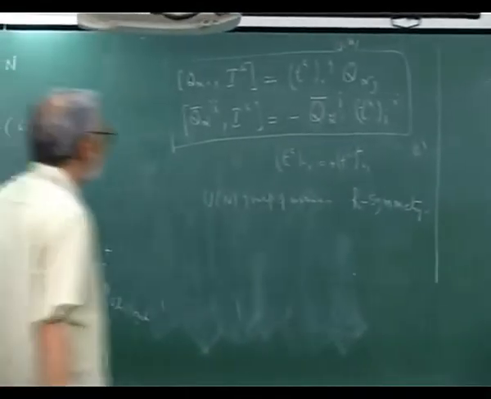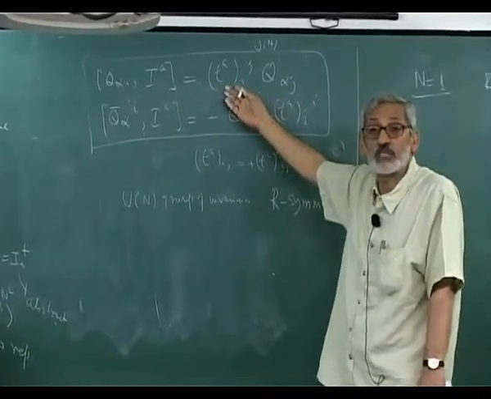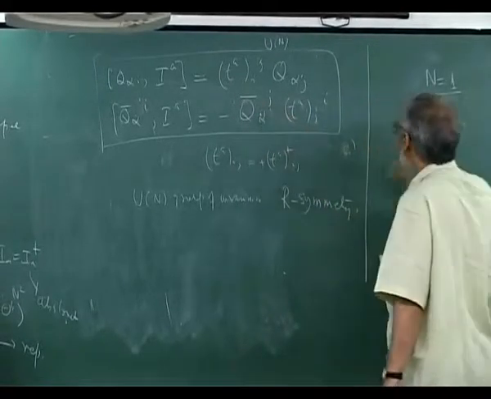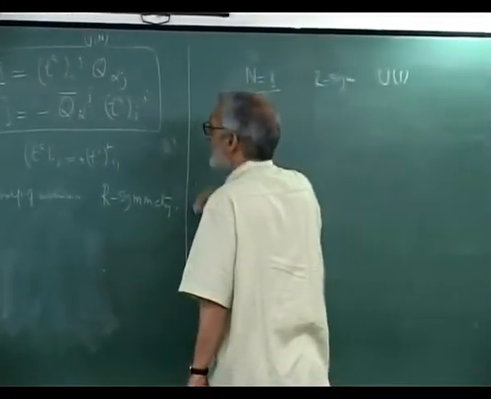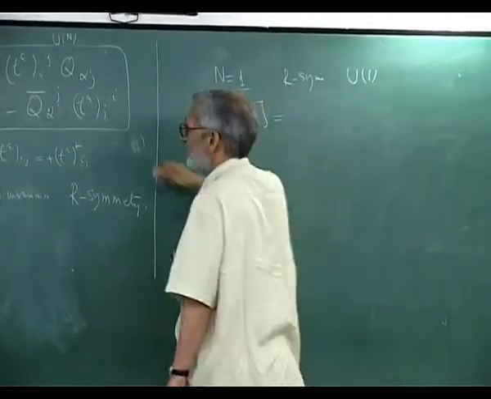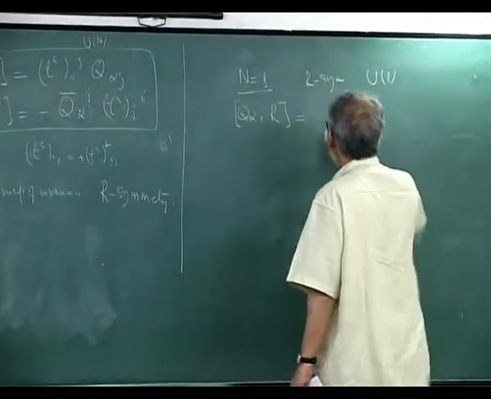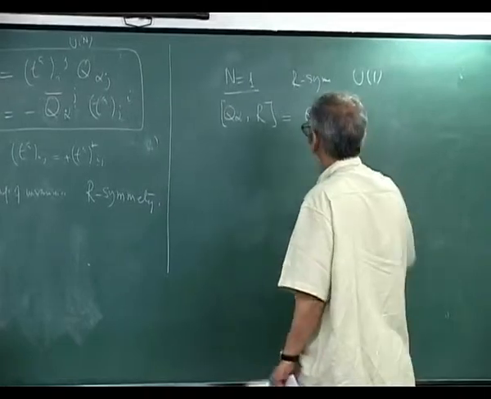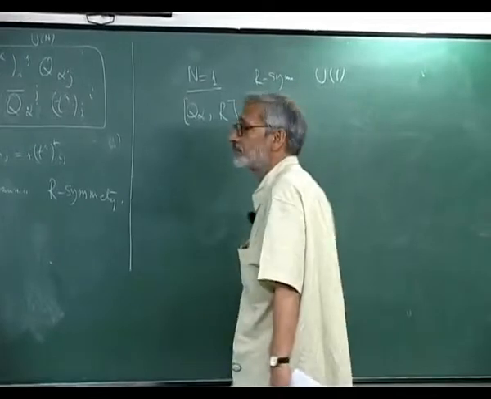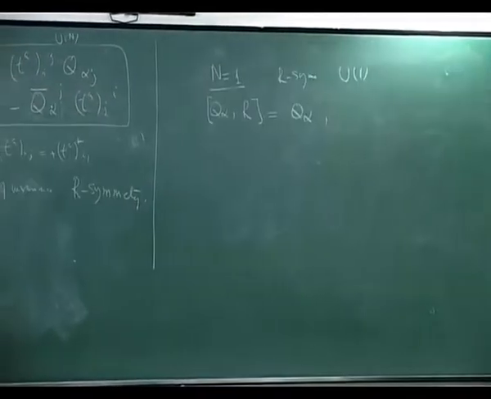And these T matrices are just one dimensional, they are just some numbers, which means Q alpha commutator with the generator R, let me call it R now because there is only one generator, is simply Q alpha.